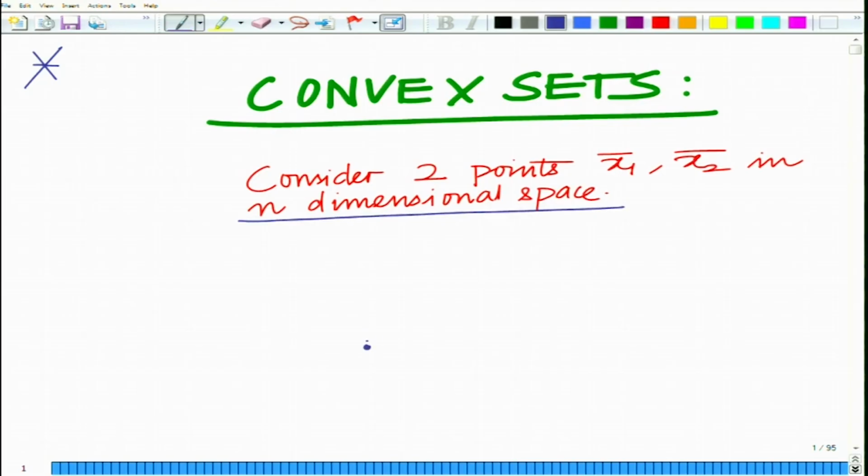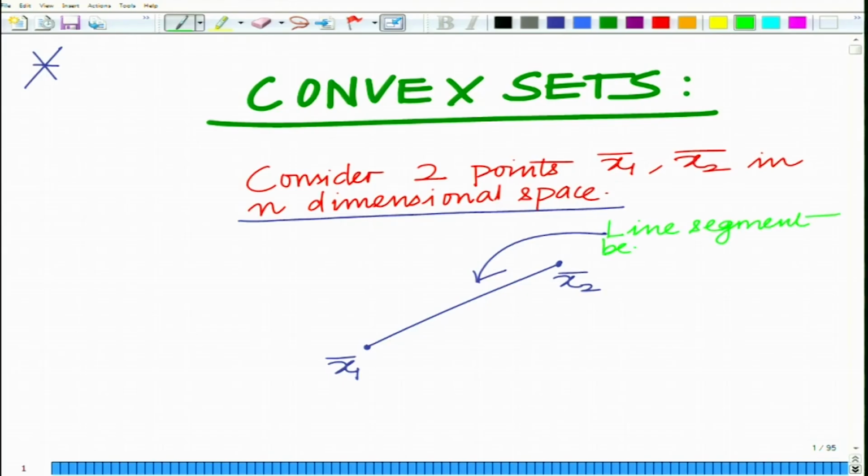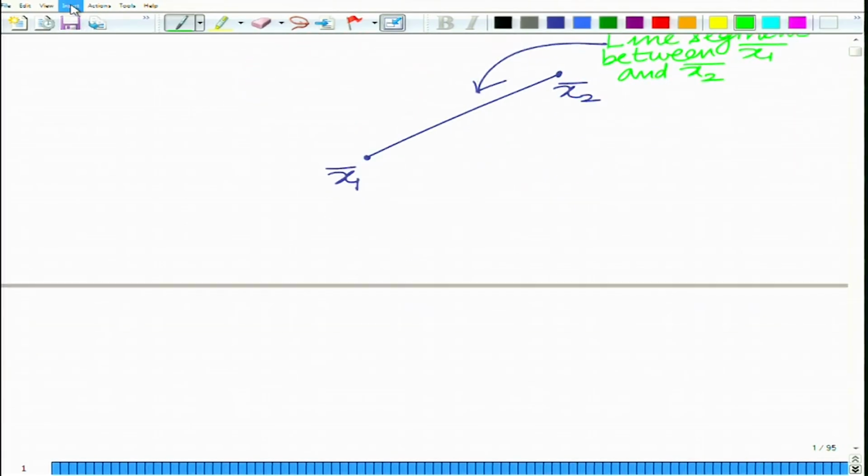Let me describe these points. So, I have point 1, let us say this is your x1 bar and this is your x2 bar, and this is the line segment between x1 bar and x2 bar.